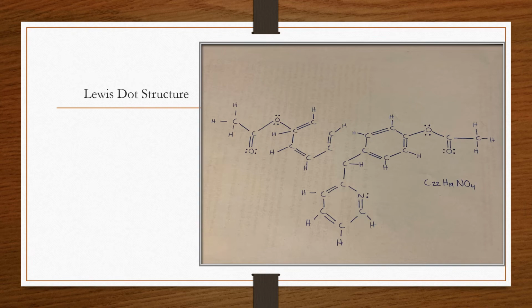Now, I'd like to present to you the Lewis dot structure. This is one that I have drawn out. So as we can see, the molecular formula is C22H19NO4, which is carbon 22, hydrogen 19, nitrogen, and 4 oxygen.